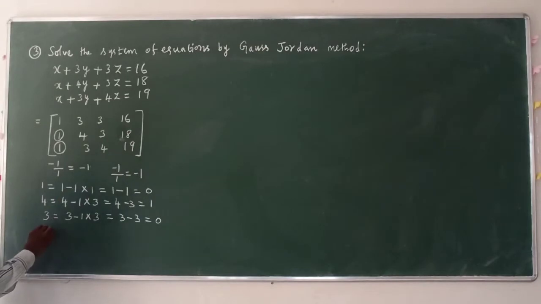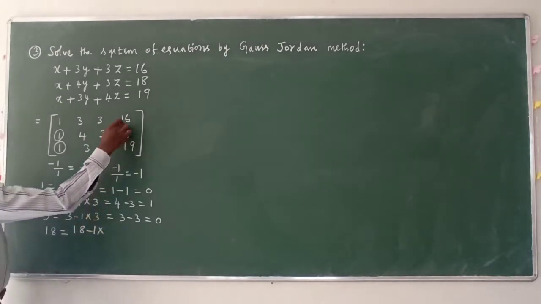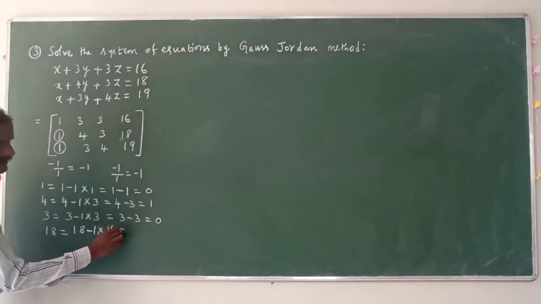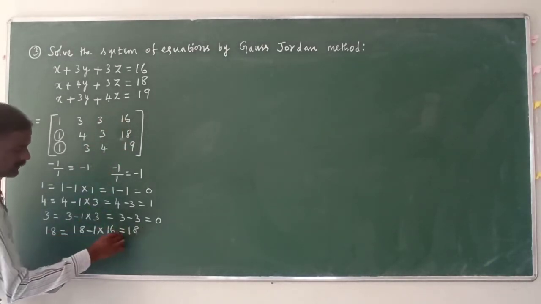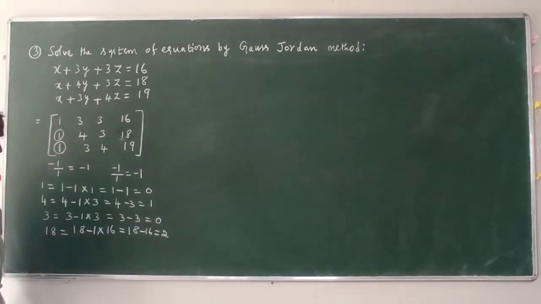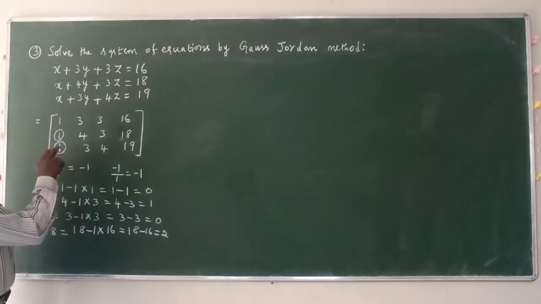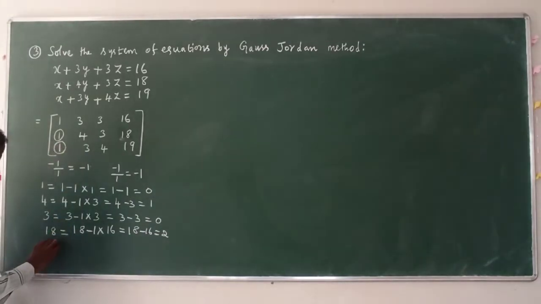Next, 18 equal to 18 minus 1 into the corresponding 16. Now the result is 2.